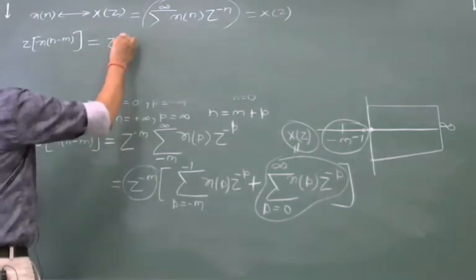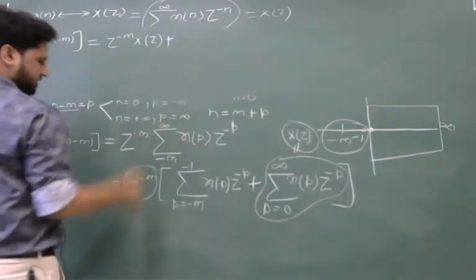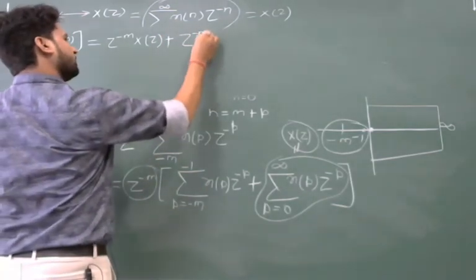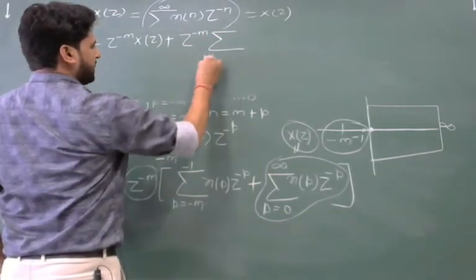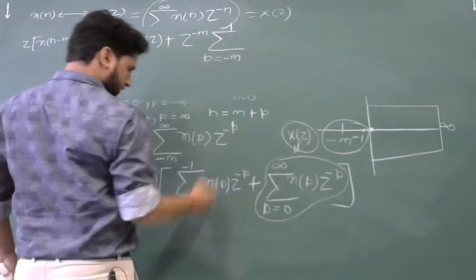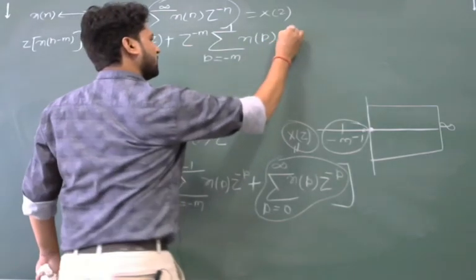So this will become z power minus m x of z plus z power minus m into sigma p is from minus m to minus 1 into x of p into z power minus p.